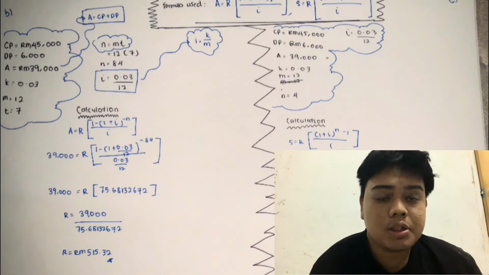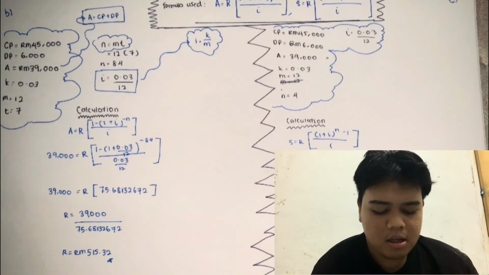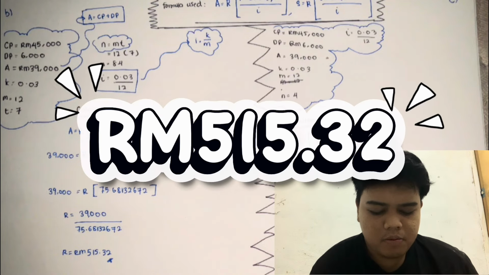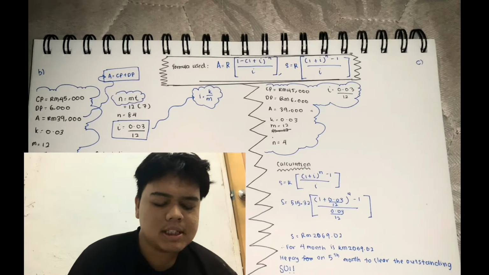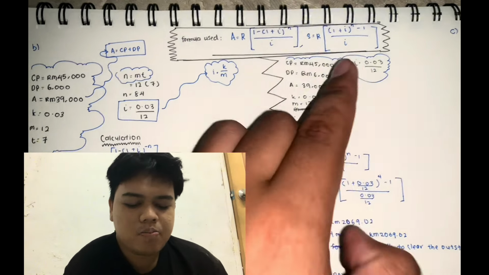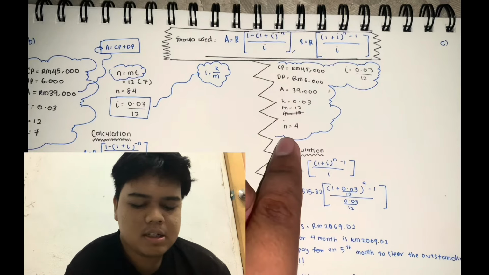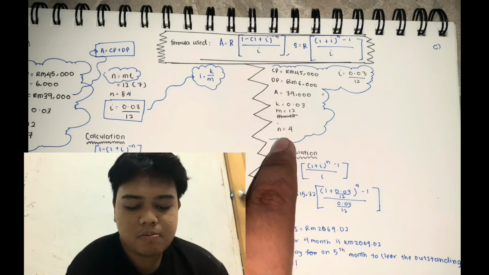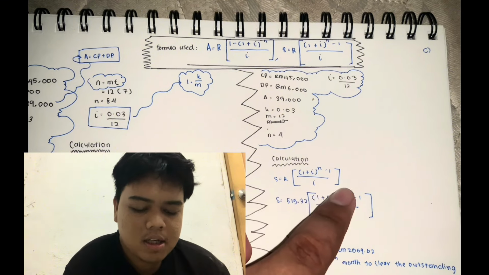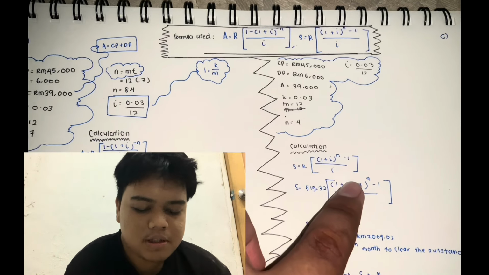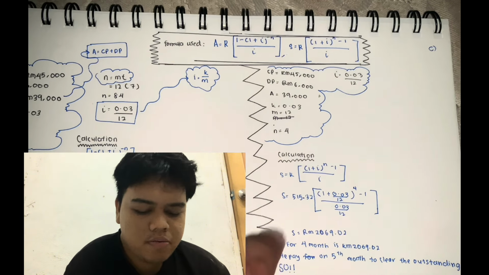So we substitute everything in the formula and we get the answer R equal to RM515.32. For C, we know that the CP is 45,000, DP is 6,000, the balance is the same, 39,000, k is 0.03, m is 12, n is 4.